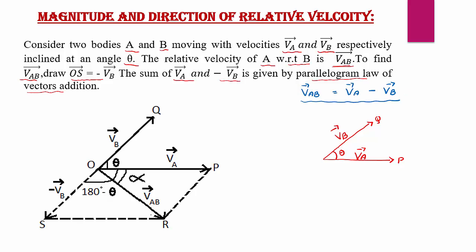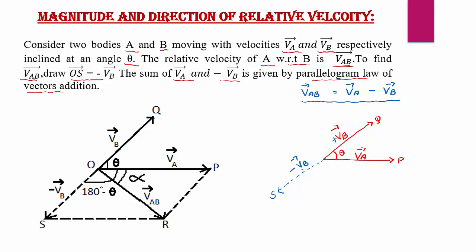Minus VB we can take in the opposite direction. So this is plus VB, but we want minus VB. When you do subtraction of two vectors, always we have to take the vector in the opposite direction. So I am going to draw another line opposite to plus VB. This line has velocity minus VB.